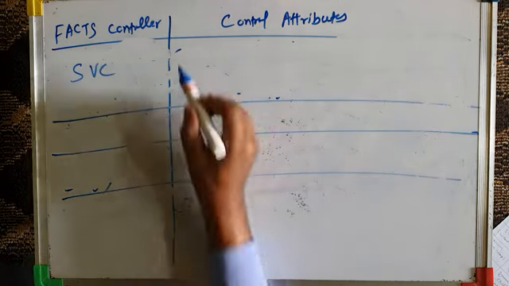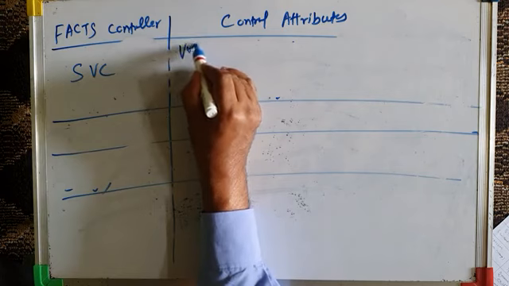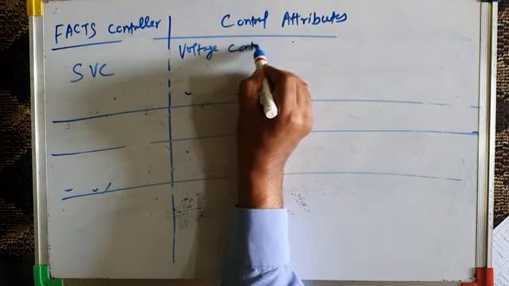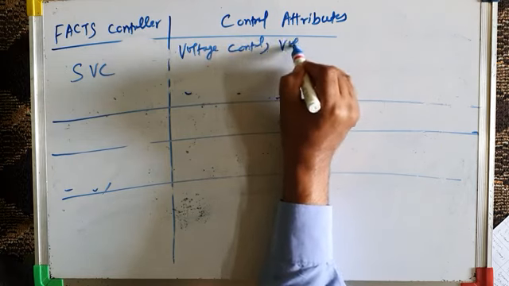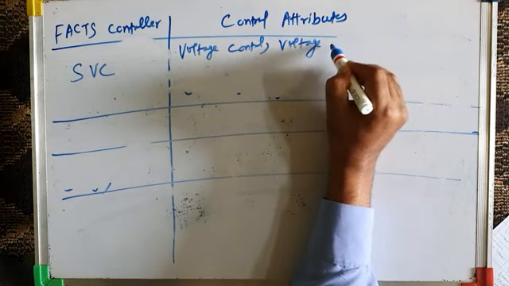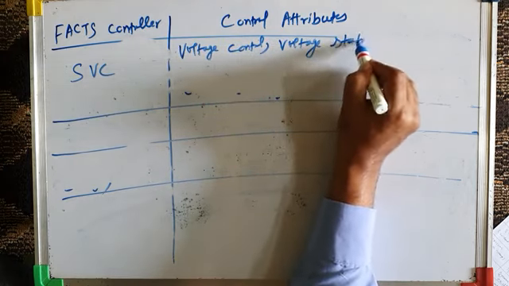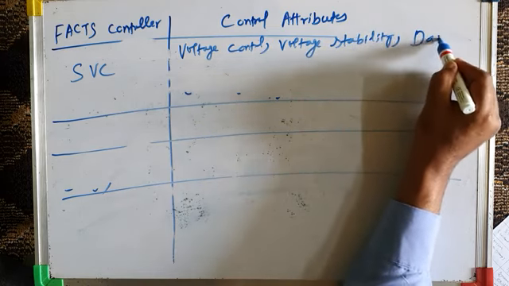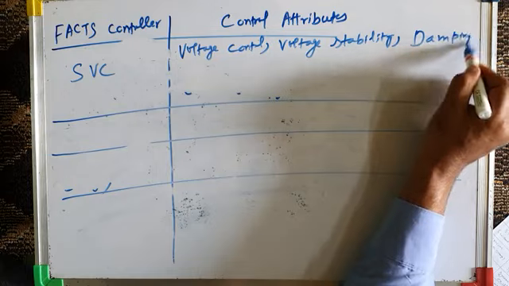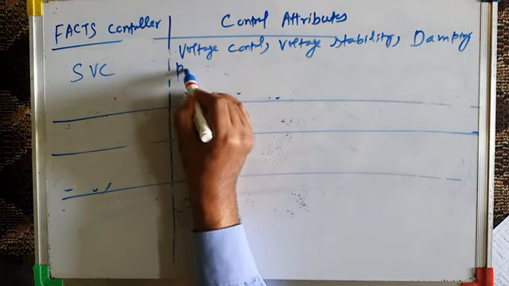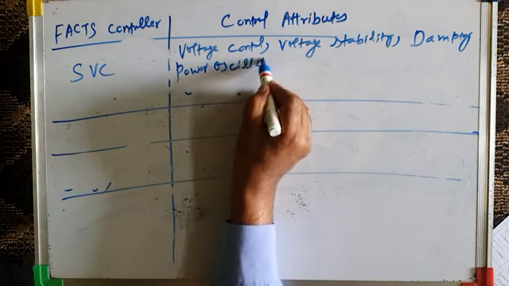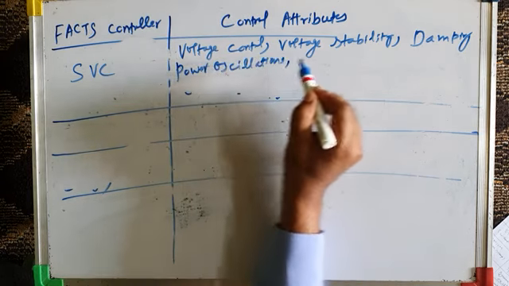What are its control attributes? It can result in voltage control. This is its first control attribute. Then it will result in voltage stability. It will provide voltage support to the bus and hence result in voltage stability. Damping of power oscillations or electromechanical oscillations, I will write here damping power oscillations. This is its other control attribute.